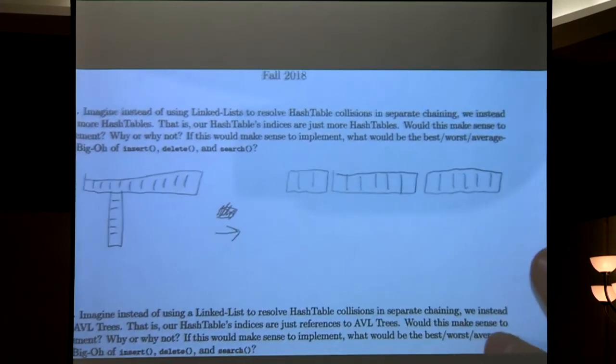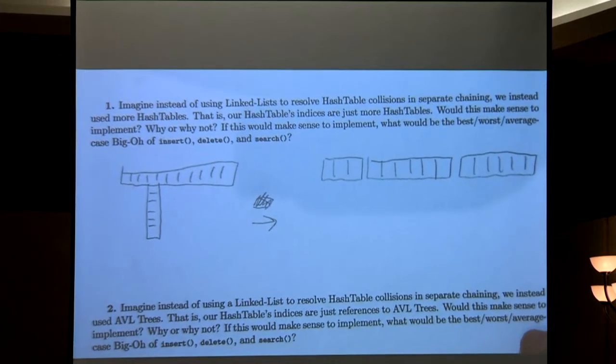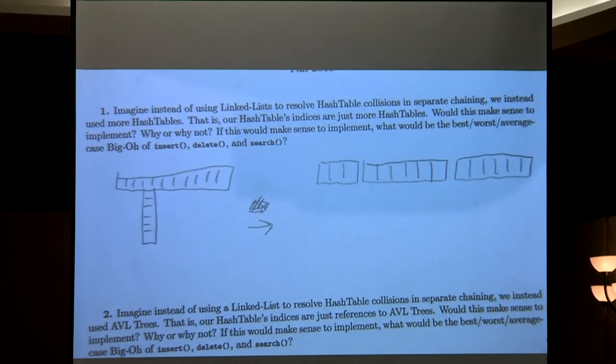Do you see how that's the case? If you just make the parent hash table bigger, it's effectively the same thing. Because if you add up the number of indices in all the sub-hash tables and make a bigger hash table with that many indices, you've basically got the exact same thing.